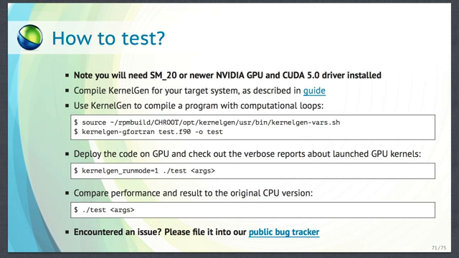Once you installed, you can source the virtual root of compiler, and you will have all the compilers for Fortran, GCC, and others available from the command line, and you can just test the code for arithmetic GPU code generation. In case if you see some problems, just use our public bug tracker.